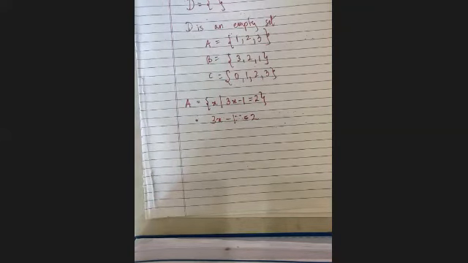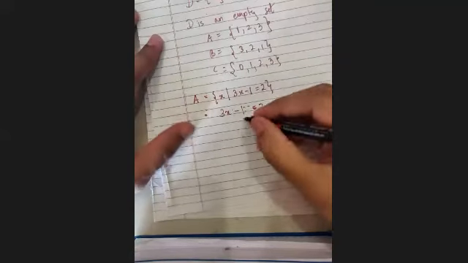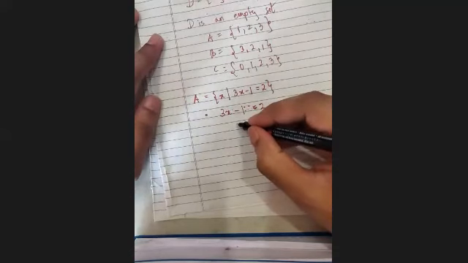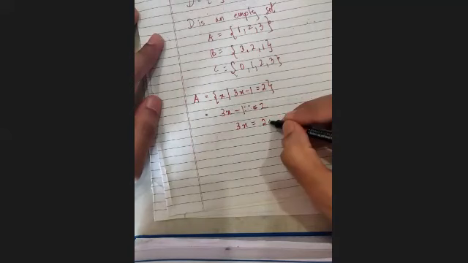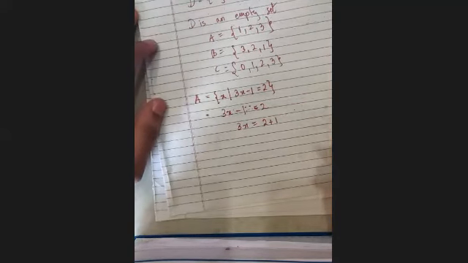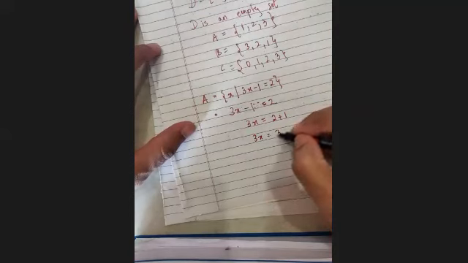Sir, 1. And minus 1 going to the right will become what? Plus 1. So dictate. 3x is equal to 2 plus 1. So what is 2 plus 1? 3. So I'm getting 3x is equal to 3.